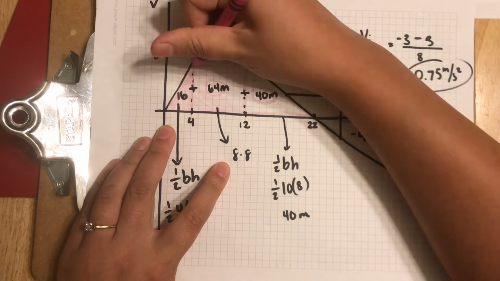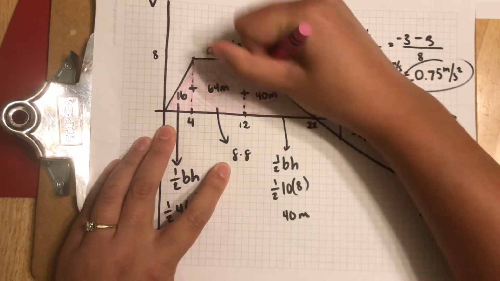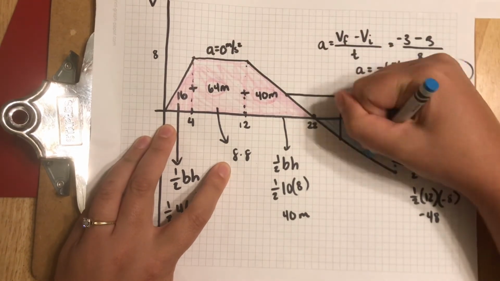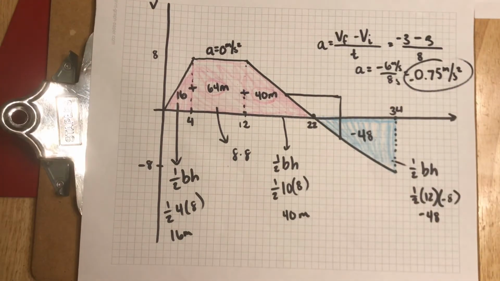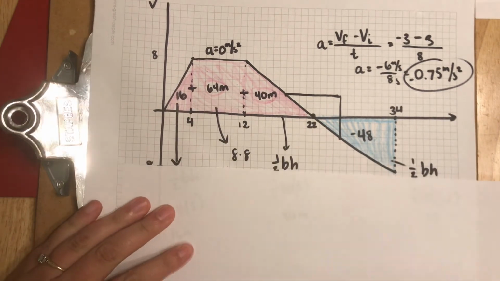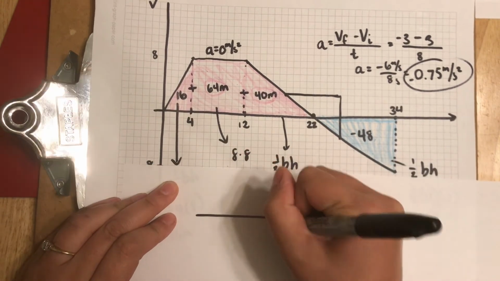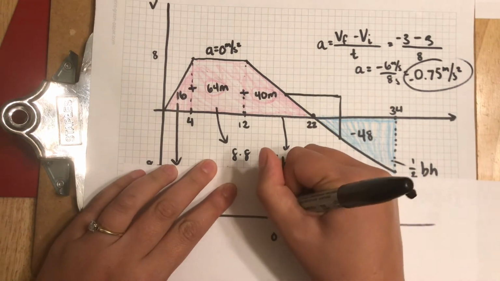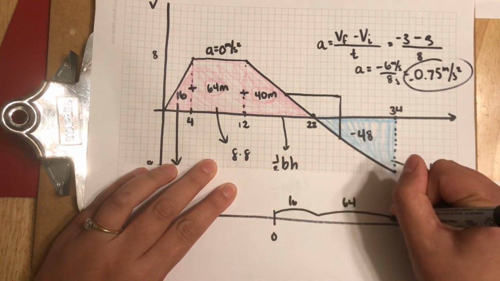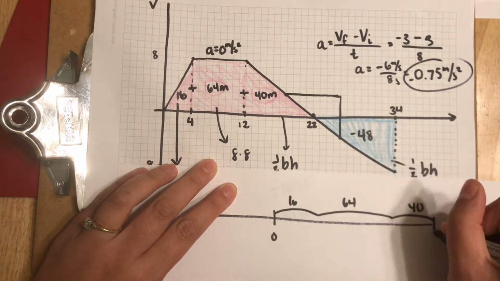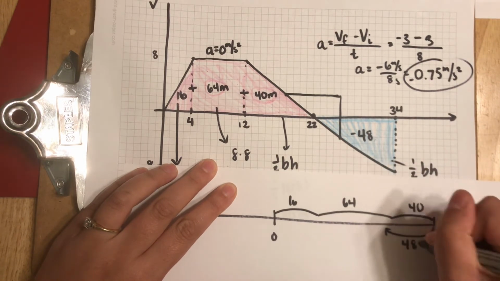Now, what I can picture when I'm looking at this is I see that it moves forward 16, then 64, then 40 meters, and backward 48. I'm actually picturing a number line in my head. So let me draw out what I'm thinking about. Walking forward 16 from the origin, then 64, then 40, backward 48.